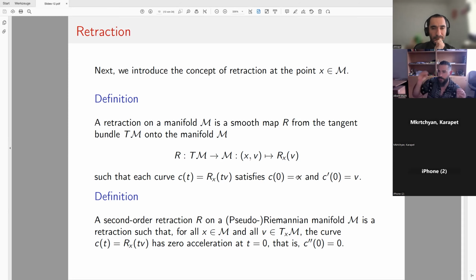And if you take the differential at the point 0, it's your tangent vector. The geodesic map is a perfect example of such a retraction, but you can define a retraction even a little bit more generally without the geodesic map.